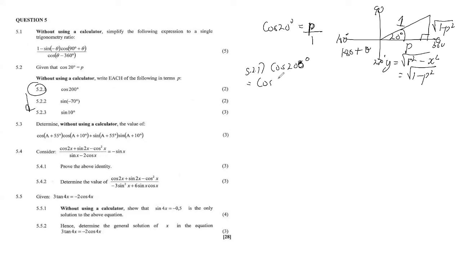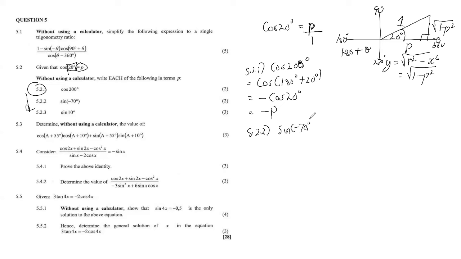So we can write that as cos of 180 plus 20 degrees. Remember, the goal is to express everything that we see here in terms of this 20 degrees. Right. Now, how is cos in the third quadrant? We know that it is negative. So we have negative cos 20 degrees. If we know the value of cos 20 is p, then what is the value of negative cos 20? It is negative p.